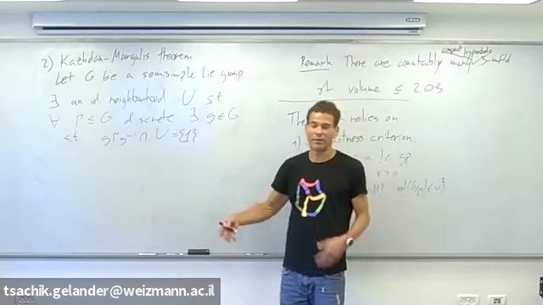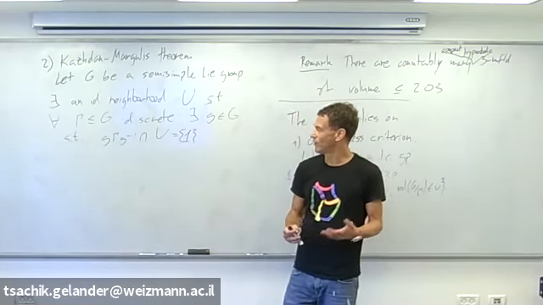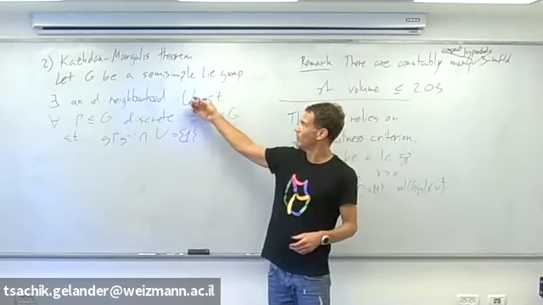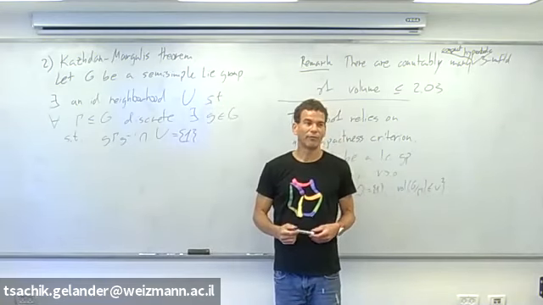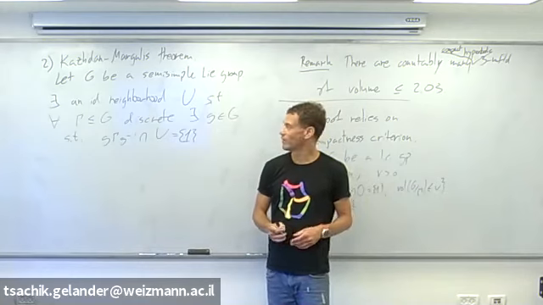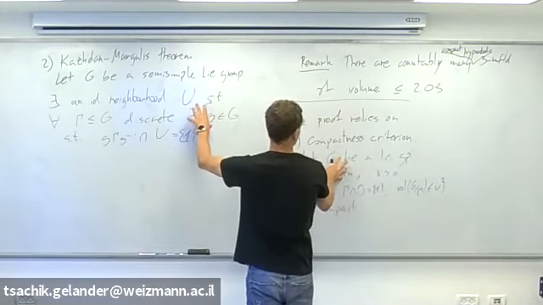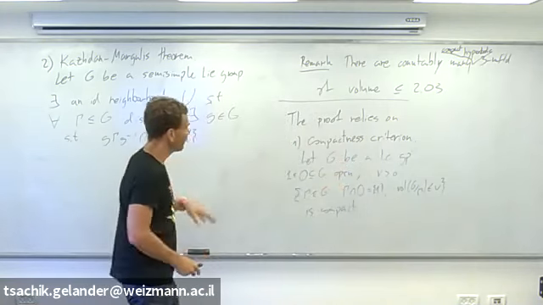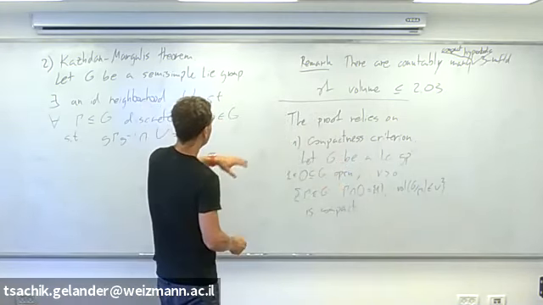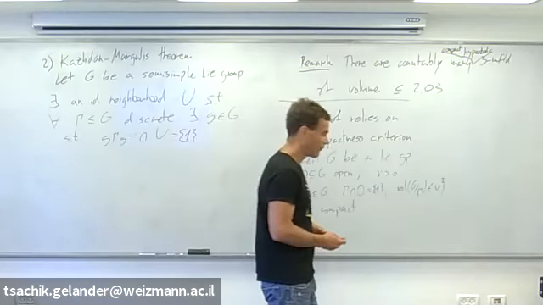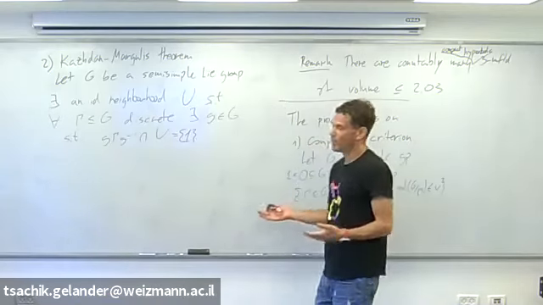And for any semi-simple Lie group, there is a lower bound on the covolume of lattices. So that's Margulis' theorem. And if you combine this with the compactness criterion, it gives you the compactness that you need.